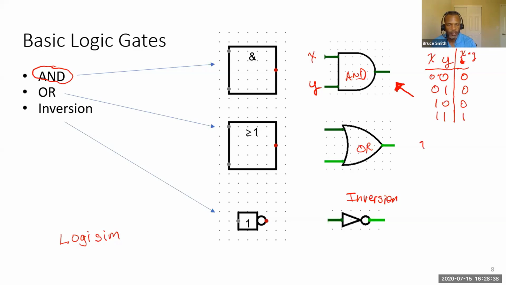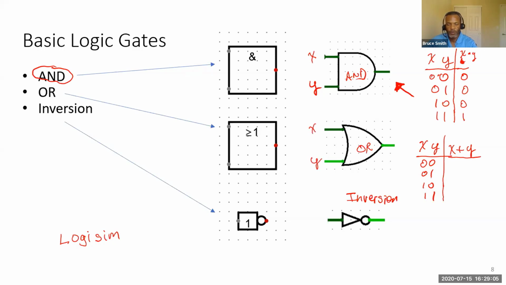The OR gate should have familiar logic to you as well. For the OR gate, I'm going to use this symbol here. It's common to use what looks like a plus sign for OR, and 0, 0, 0, 1, 1, 0, 1, 1. What are all of the combinations for this truth table?